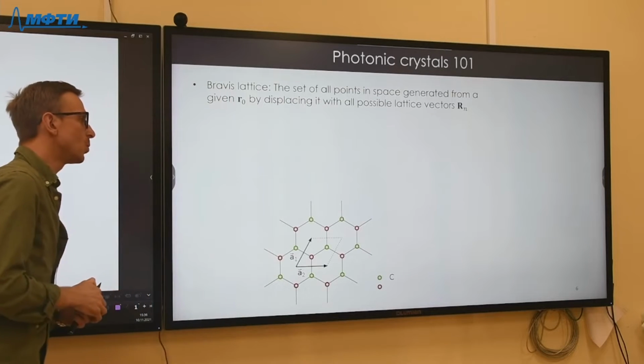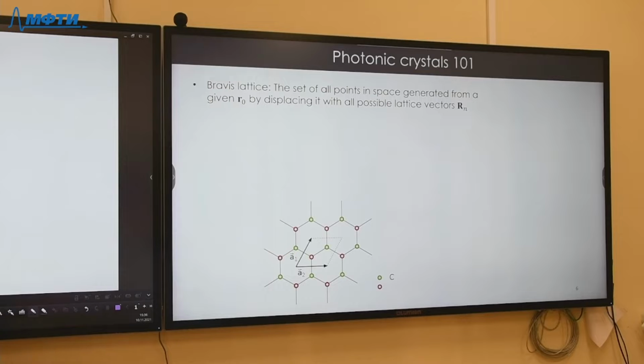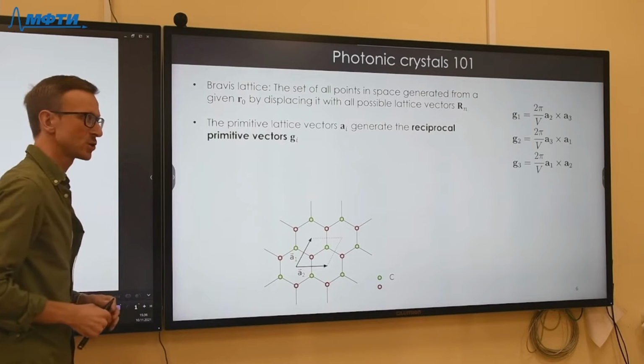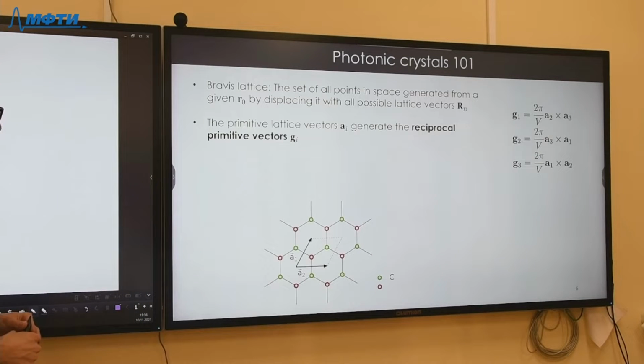So now we can switch from our usual space where we describe the position in the real Euclidean space to something called the reciprocal space. That is done by the spatial Fourier transform, and this gives us access to the reciprocal space.